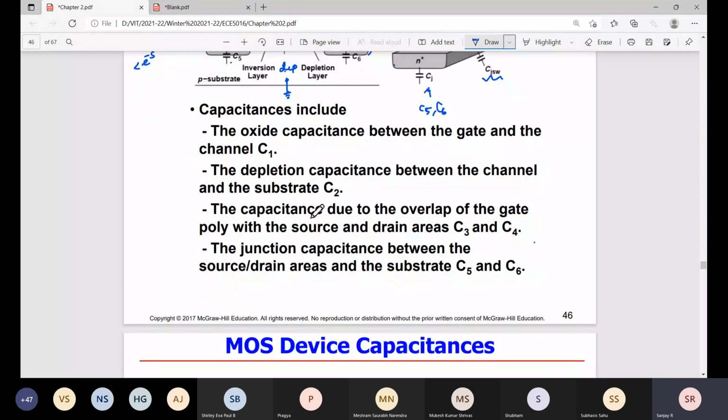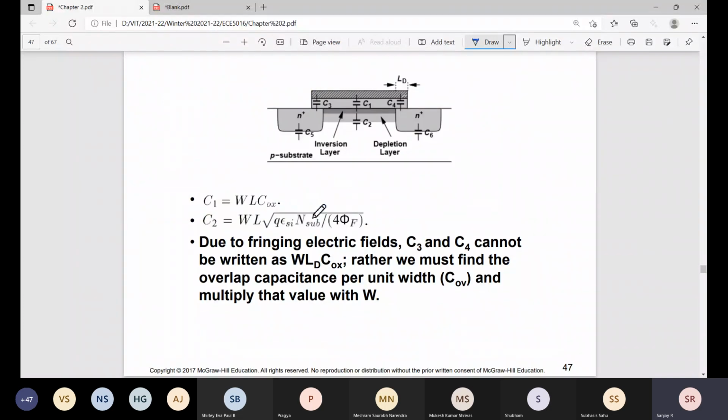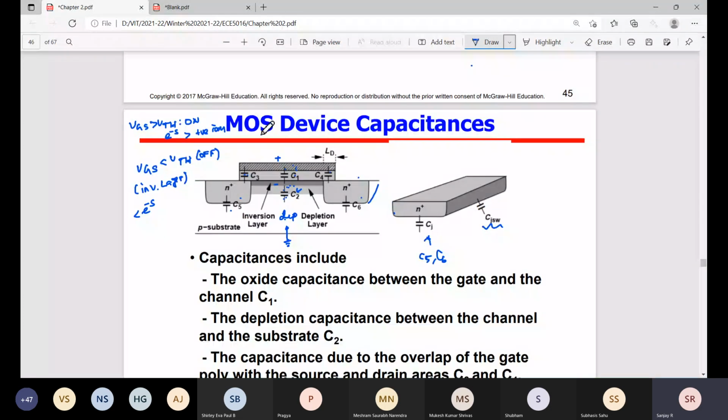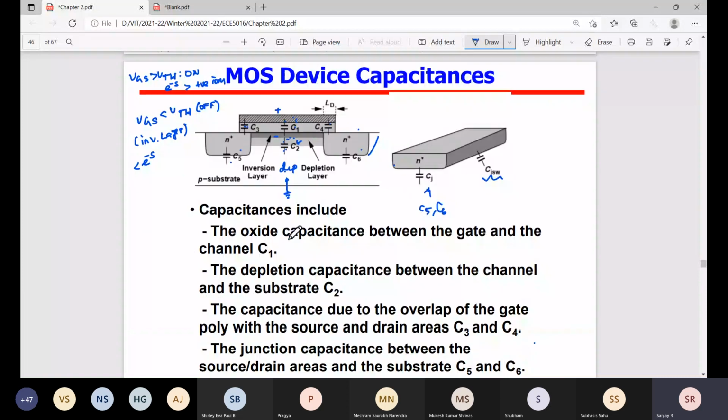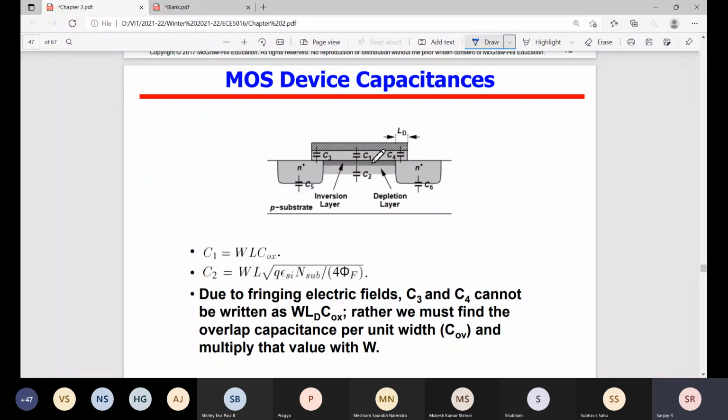No issues. Okay. So after understanding the different things, now we'll come to represent them in terms of equations. First we'll start from C1. What is C1? Gate is there, oxide layer there. This is the gate, then the channel. This is the channel.